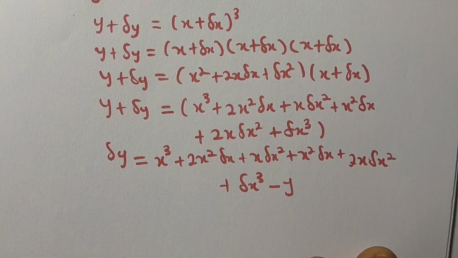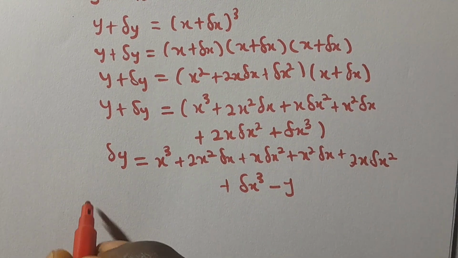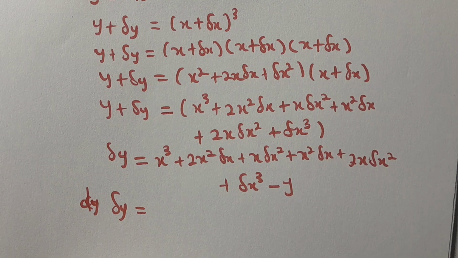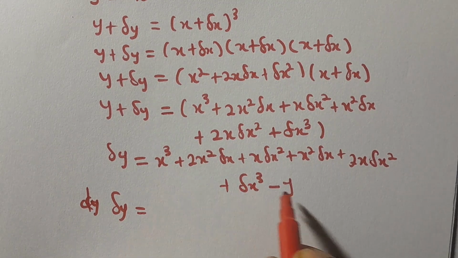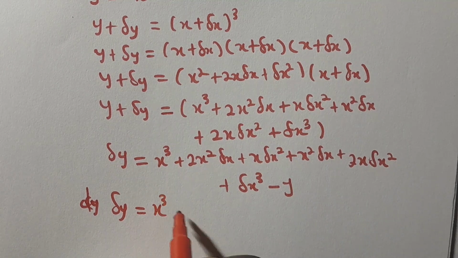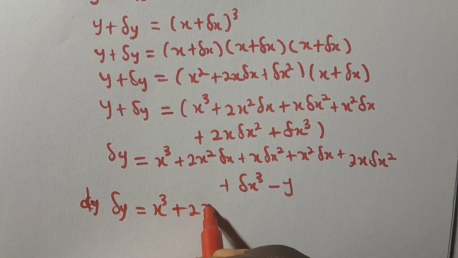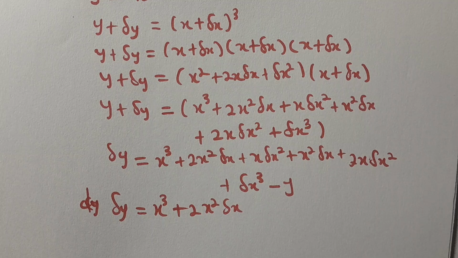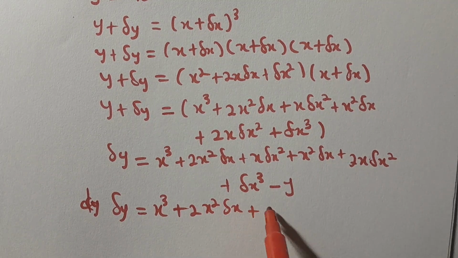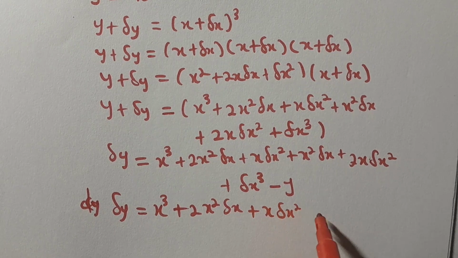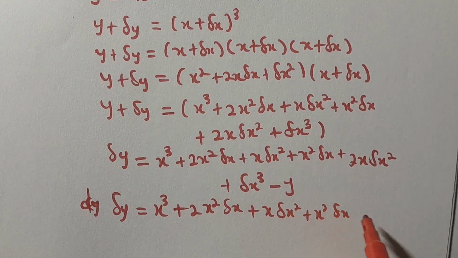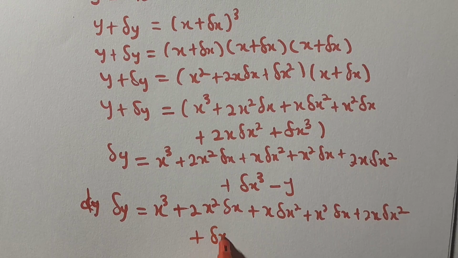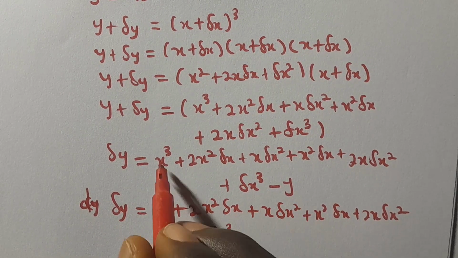So from here, we have change in y equals x cubed plus 2x squared change in x plus x change in x squared plus x squared change in x plus 2x change in x squared plus change in x cubed, minus y.